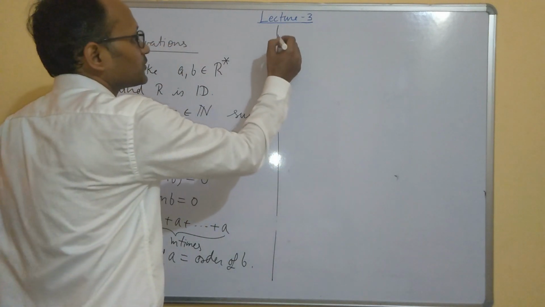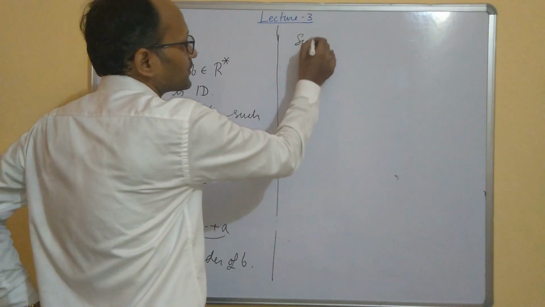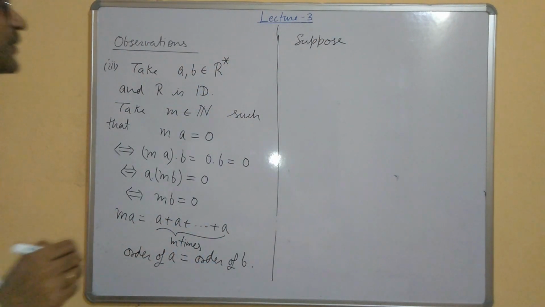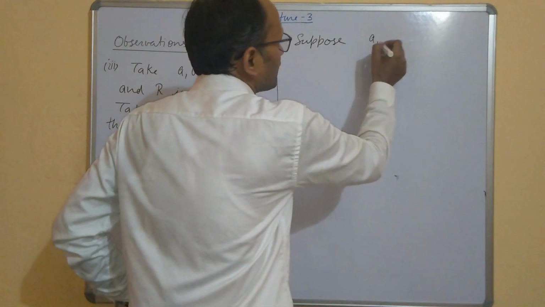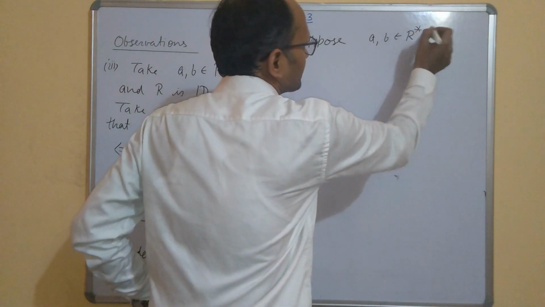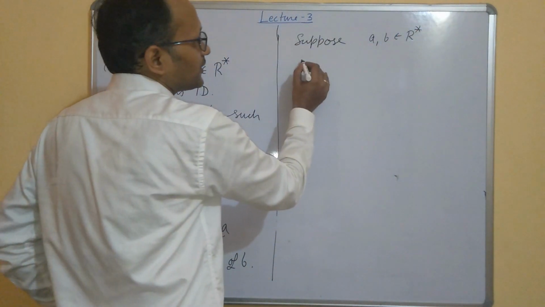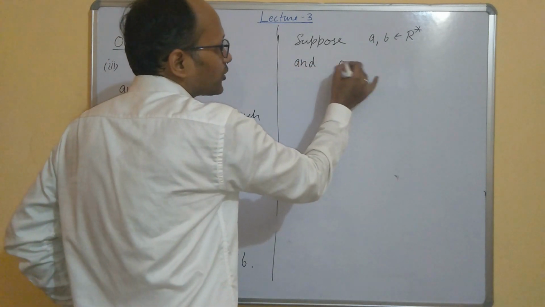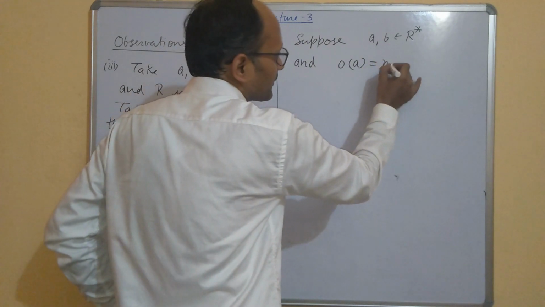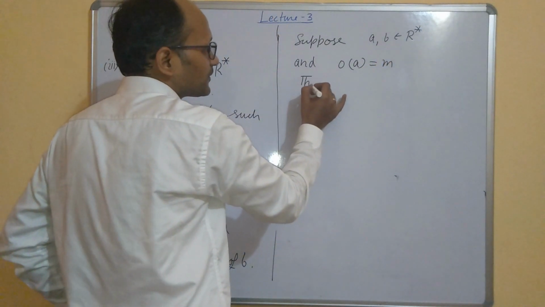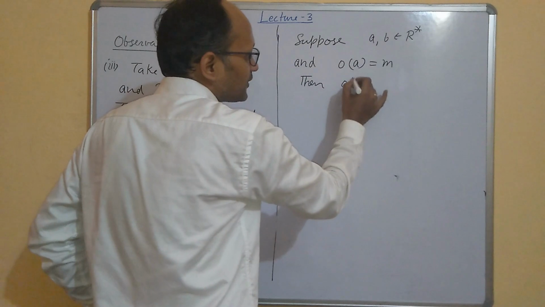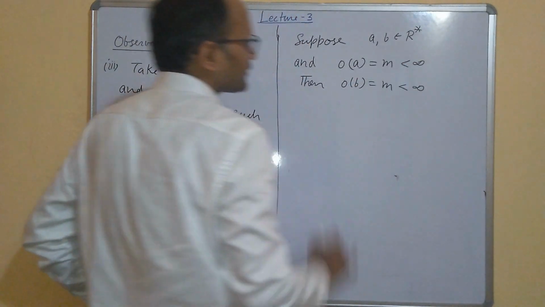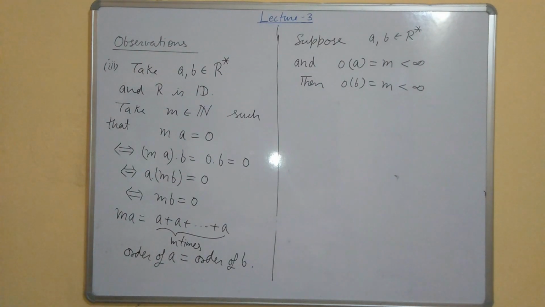So suppose a, b are in R star, and the order of a is m, then the order of b is also m, finite, and equal to the order of a.